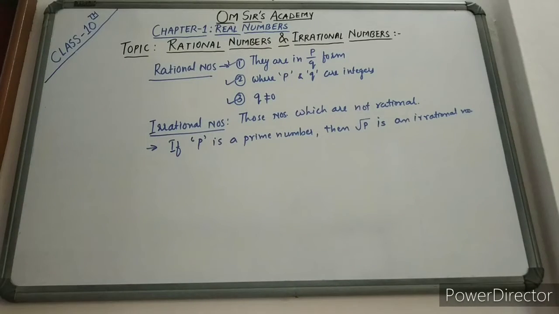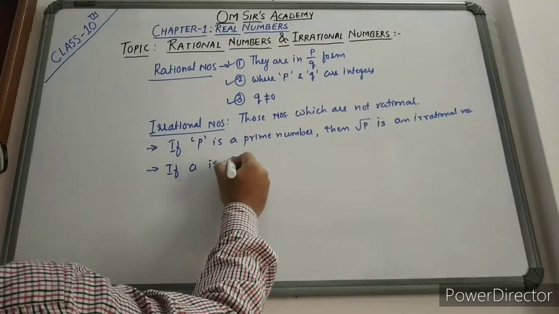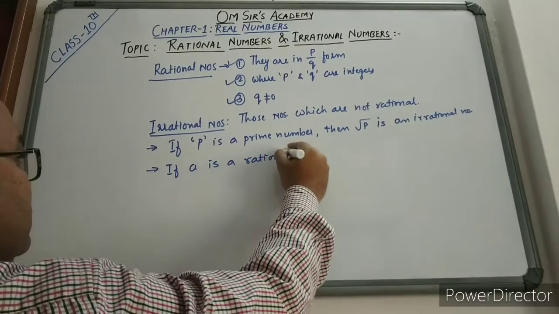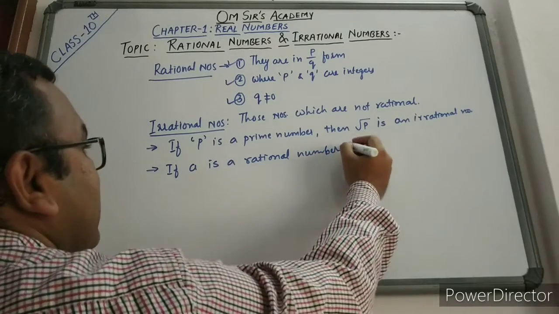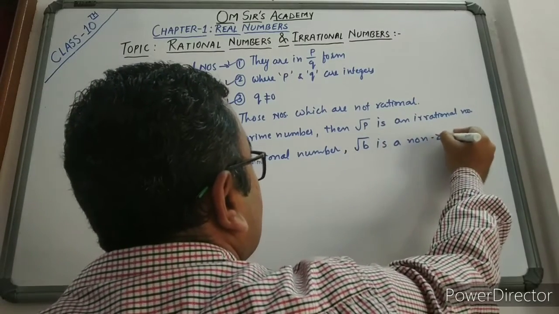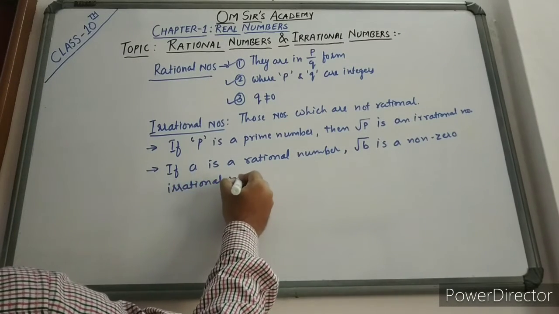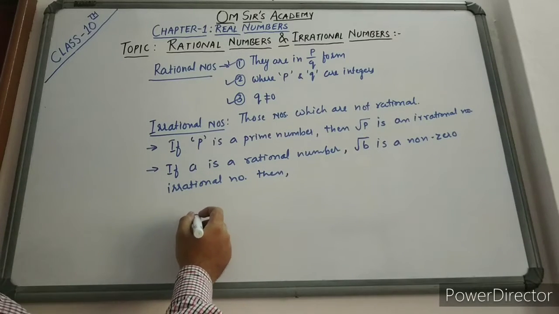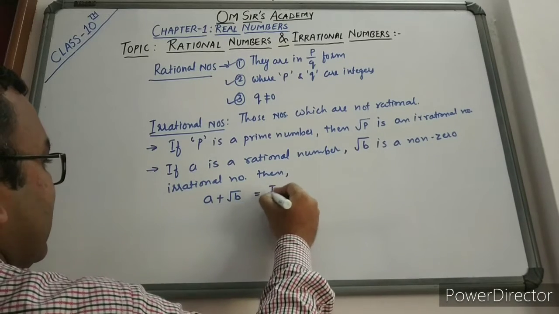Now second, suppose a is a rational number and you are given that root b is a non-zero irrational number, then whatever the addition between these two numbers, that is a plus root b, will be an irrational number.